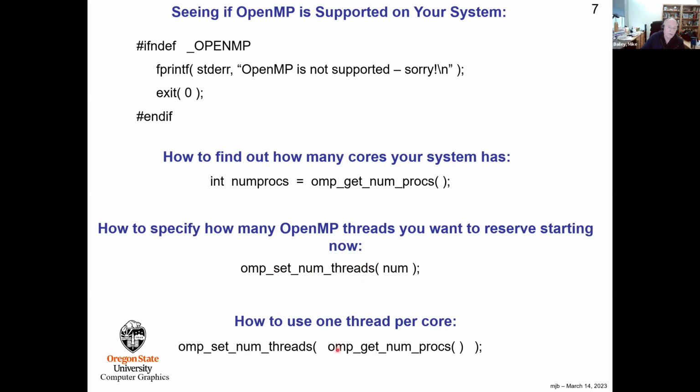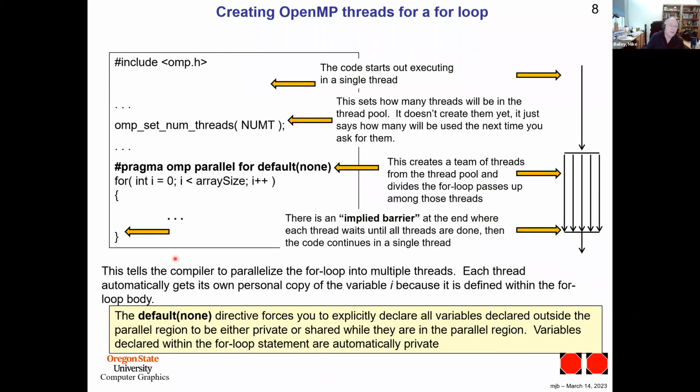Or how to use one per core. Well, you can find out the number of cores with this function call and pass it right into that function call. So again, OpenMP consists of these pragmas, these hints to the compiler, and certain function calls. And you don't have to link up the library. It's just automatically there.